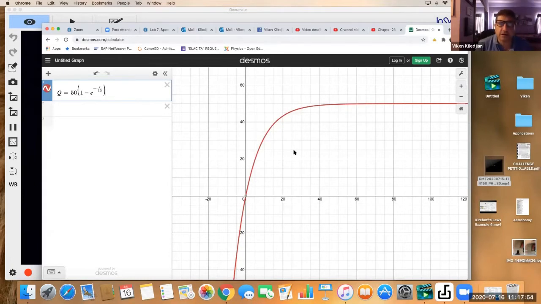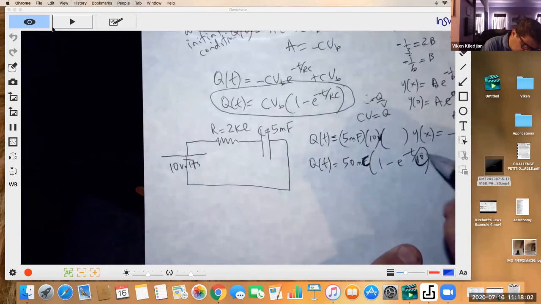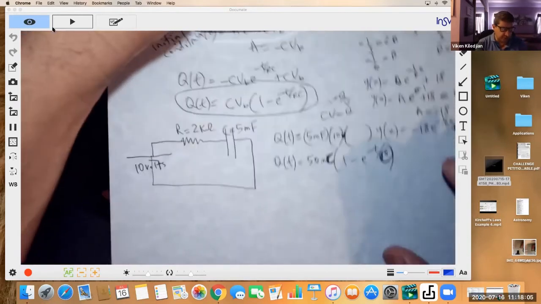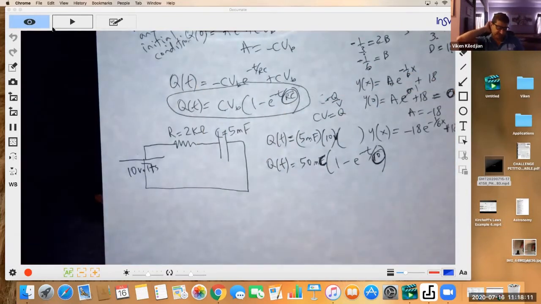Okay. And then what does this 10 represent? Anyone know what that's called? This RC. Today's lab is on that. What is that called? It's called the time constant.